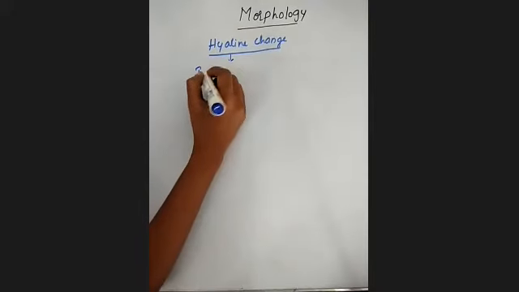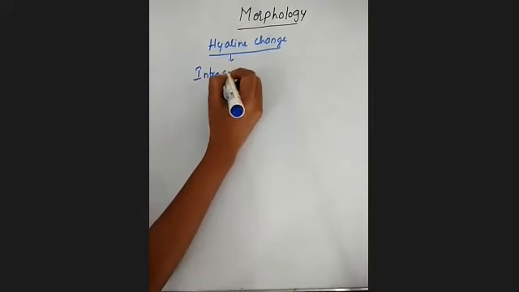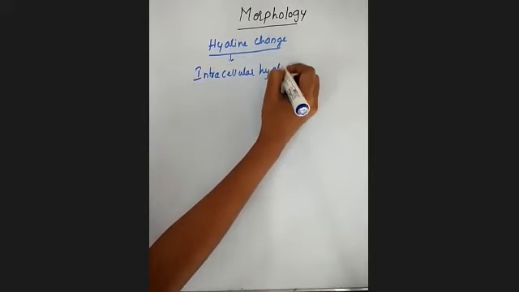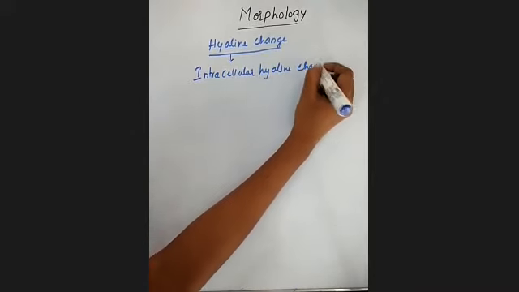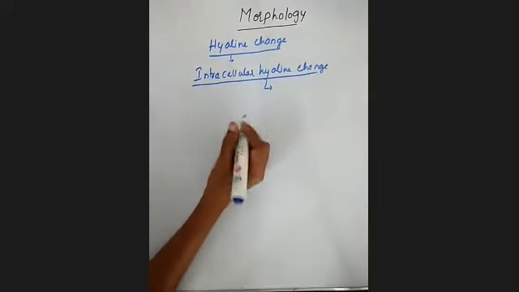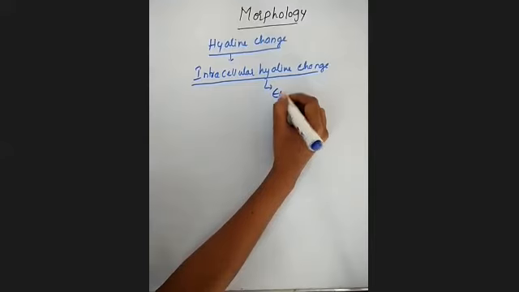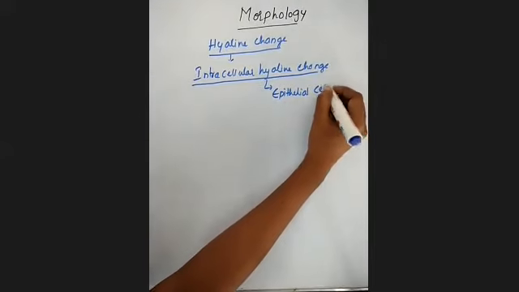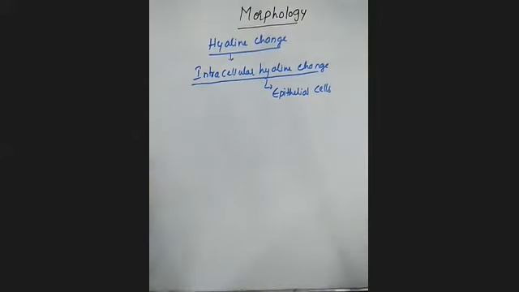First we'll see intracellular hyaline change. If you see this intracellular hyaline change, it is mainly seen in epithelial cells. This type of change is observed only in epithelial cells, not in other types of cells.